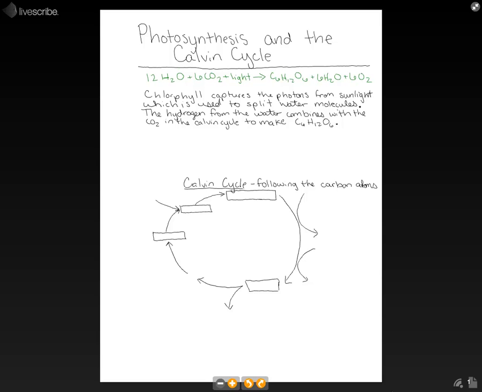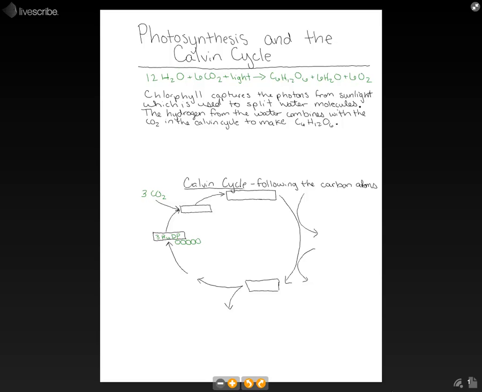So we start with 3 CO2. And they are added in with 3 RuBP. And that's a 5-carbon compound. So we're going to go ahead and draw out our carbons.